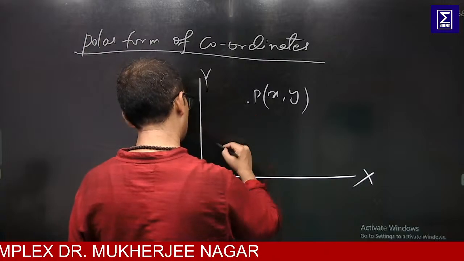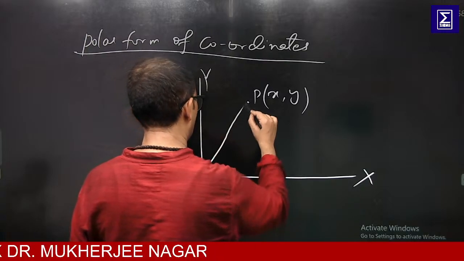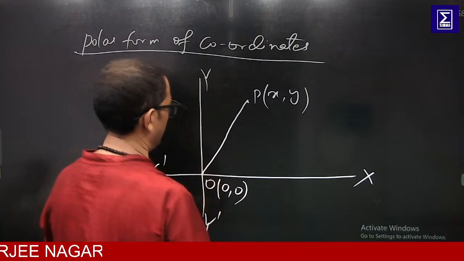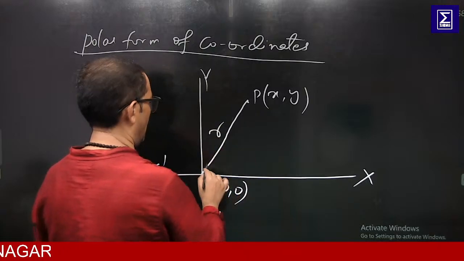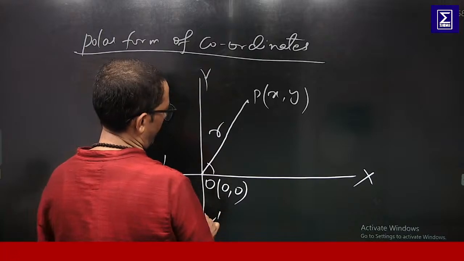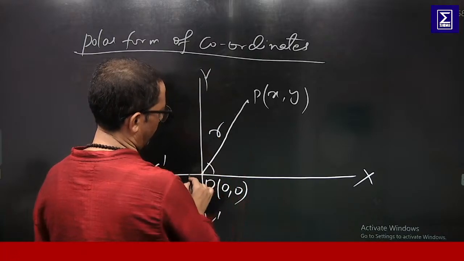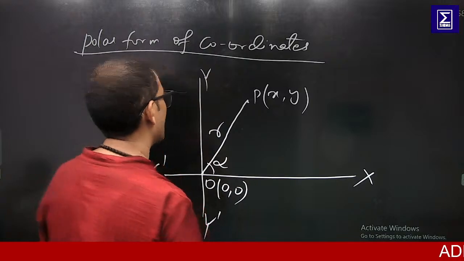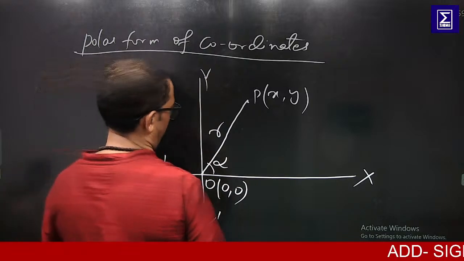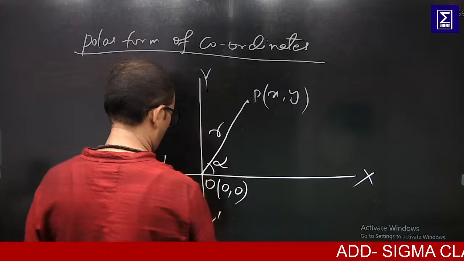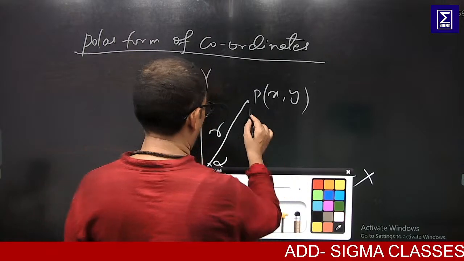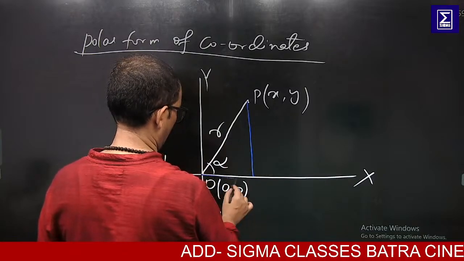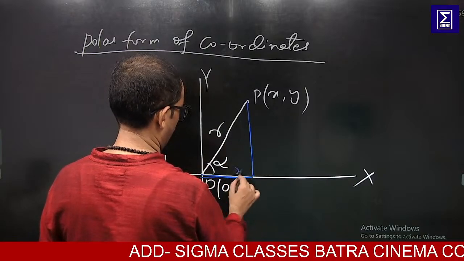then what we do, this is the distance between origin and the point, let the distance be r, and the angle it makes with the x-axis is alpha. So we know that if you draw the perpendicular from point P on the x and y axes, this length will be x and this length will be y.